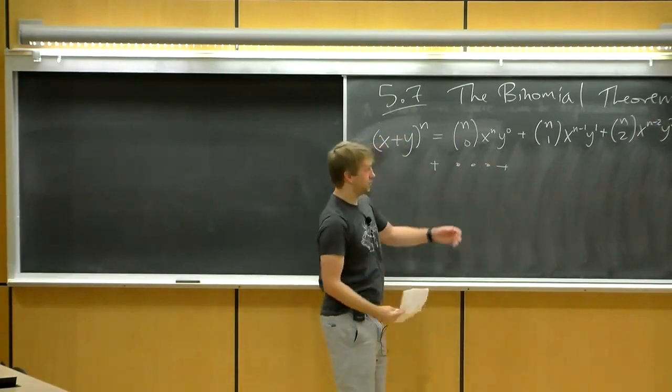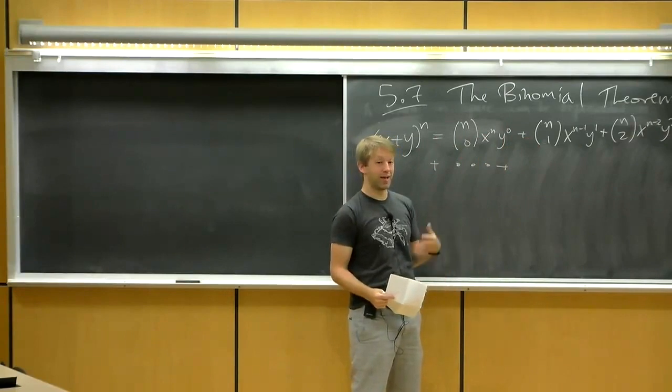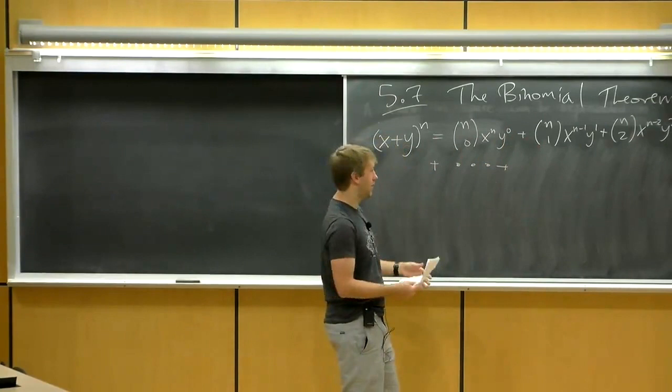So basically, this pattern just continues. Then you have n choose 3, x^(n-3), y to the power 3, and so on.